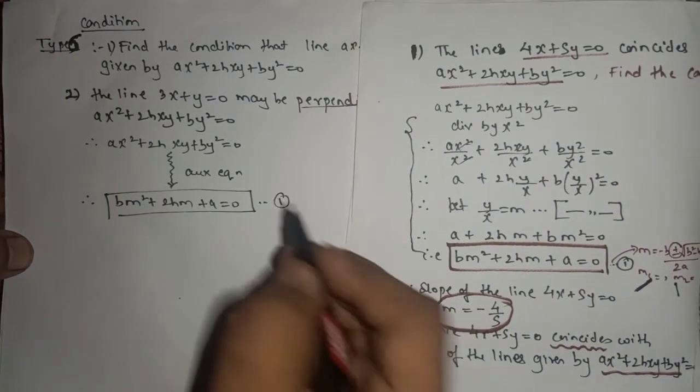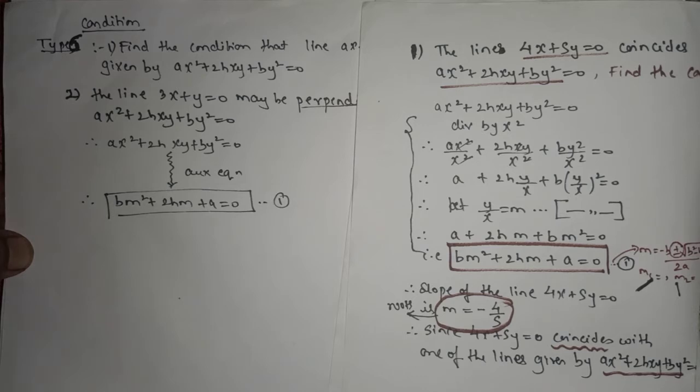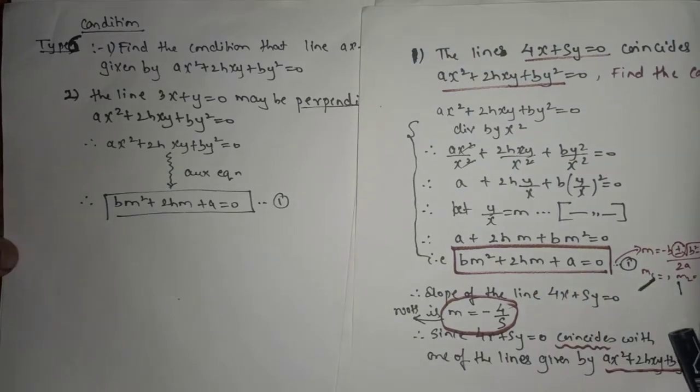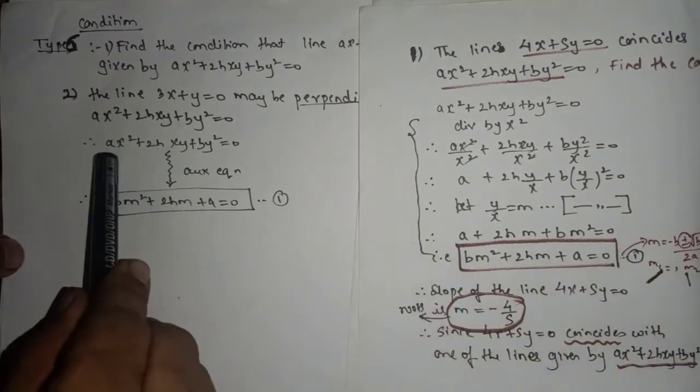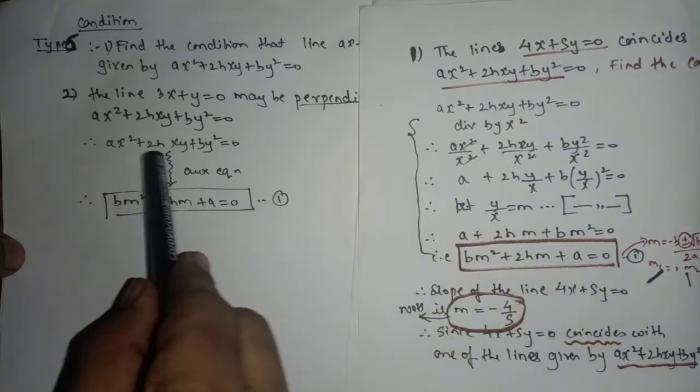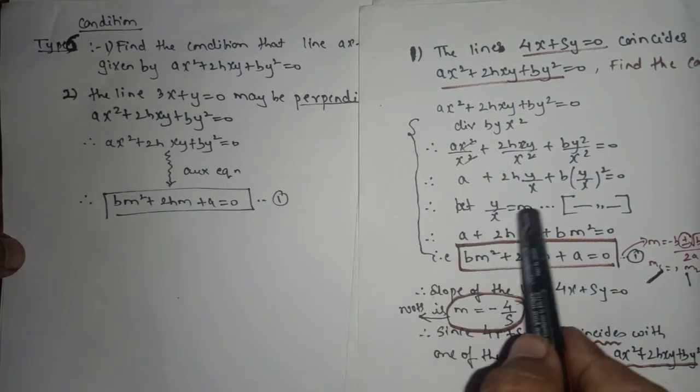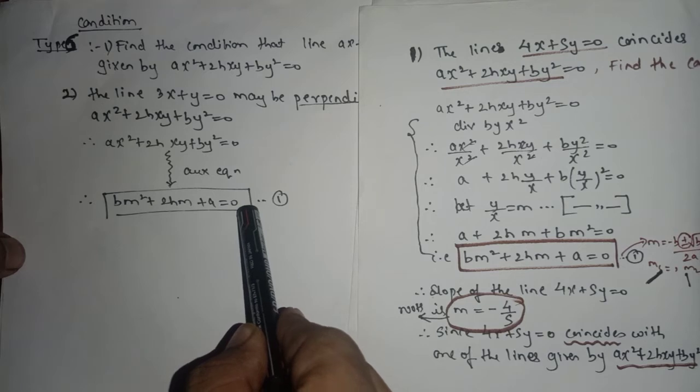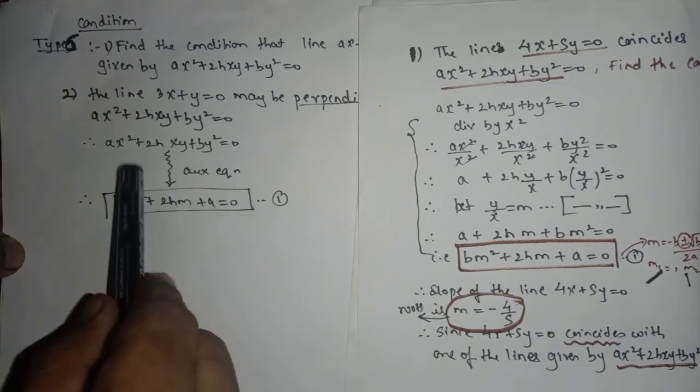We'll call this equation 1, as we did in the previous sum. The first step is the same: divide by x square, then let y upon x equal m, and then you will get the auxiliary equation. For this sum I wrote it directly.